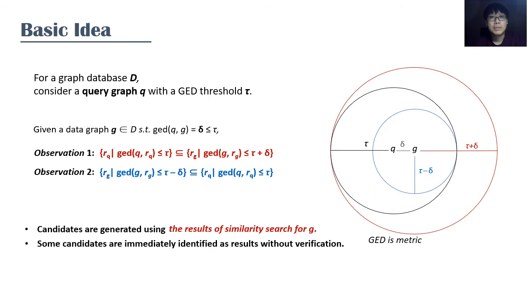According to the observations, we can generate candidates using the result of similarity search for the graph G. Moreover, some candidates will be immediately identified as result graphs without verification.